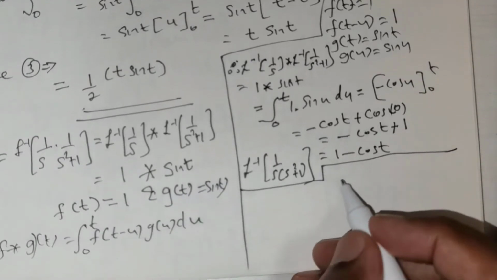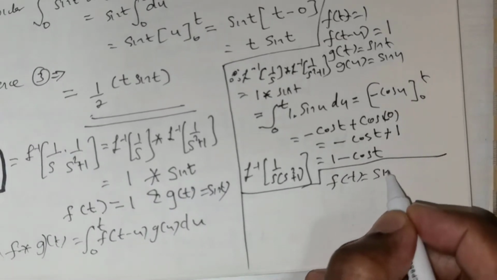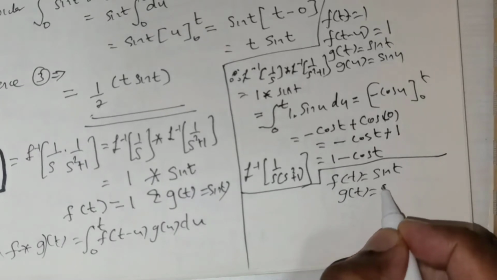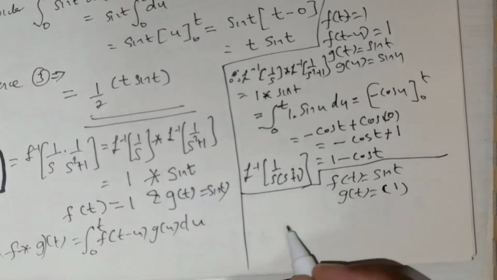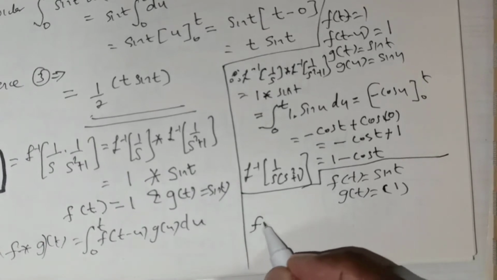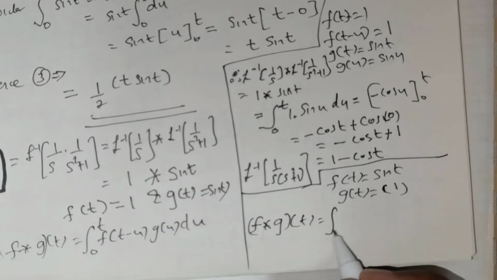Now just to show you that convolution is commutative, what I wish to do is, now instead of taking f of t is 1, I'm going to take f of t is equal to sine t, and g of t is equal to 1. So from here the convolution, f star g of t, is equal to integral 0 to t.